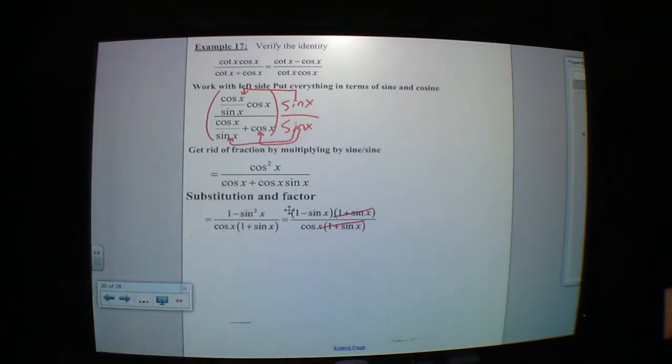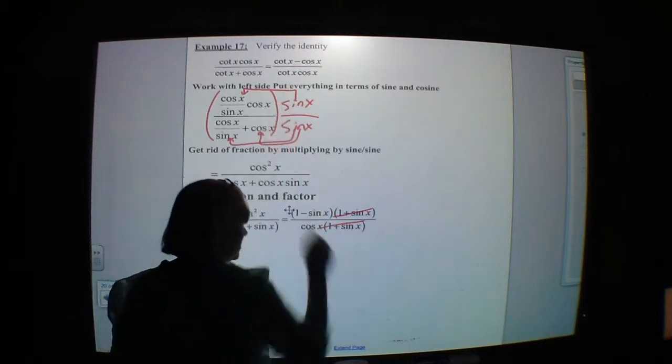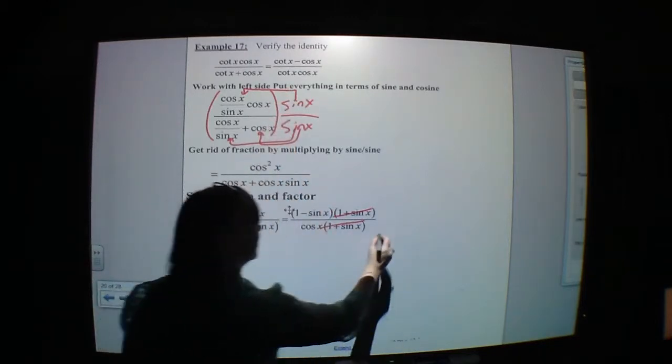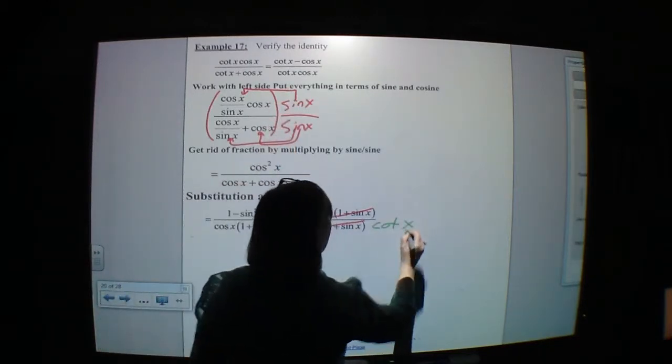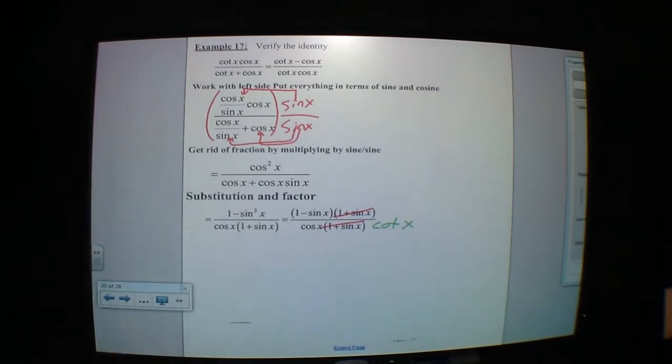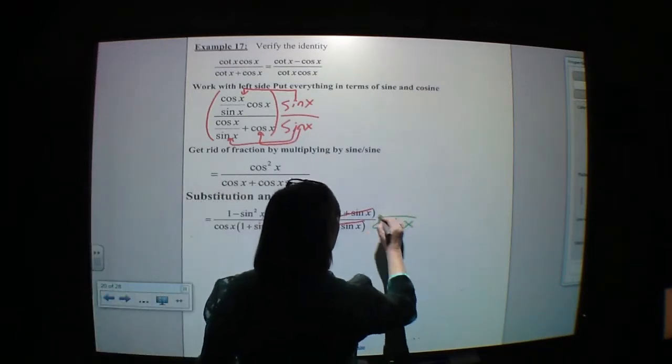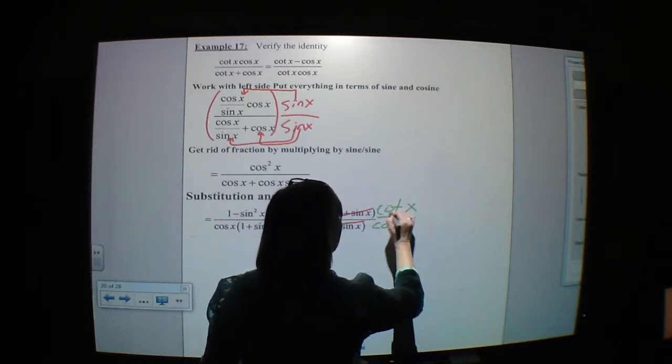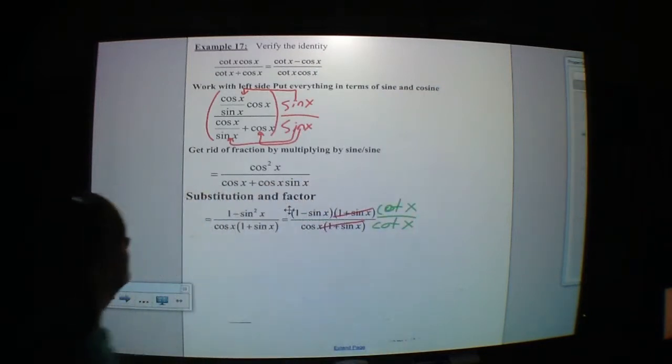Okay? Now, if I were doing this, I would stop and keep looking at where I'm going. My denominator needs to be a cotangent cosine. So I am looking at where I'm going. So I am going to say, okay, I need a cotangent down here. So I'm going to put a cotangent down there. I can't just put it there. But I could put it top and bottom, because I'm multiplying by 1.